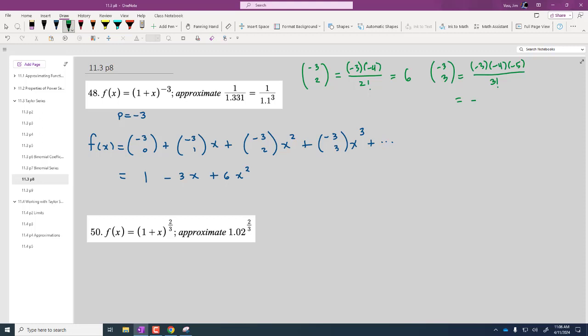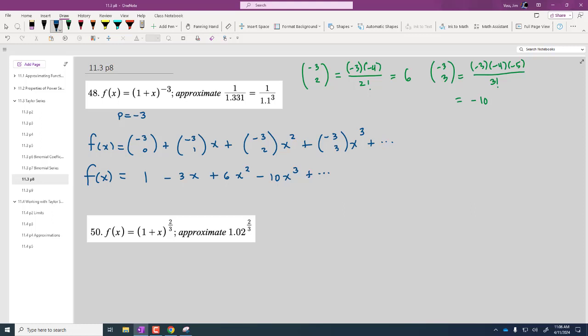This is going to end up being negative. 3 cancels, 2 goes into 4 twice, so we end up with -10. That will go there. So f of x is exactly equal to that on the interval -1 to 1.